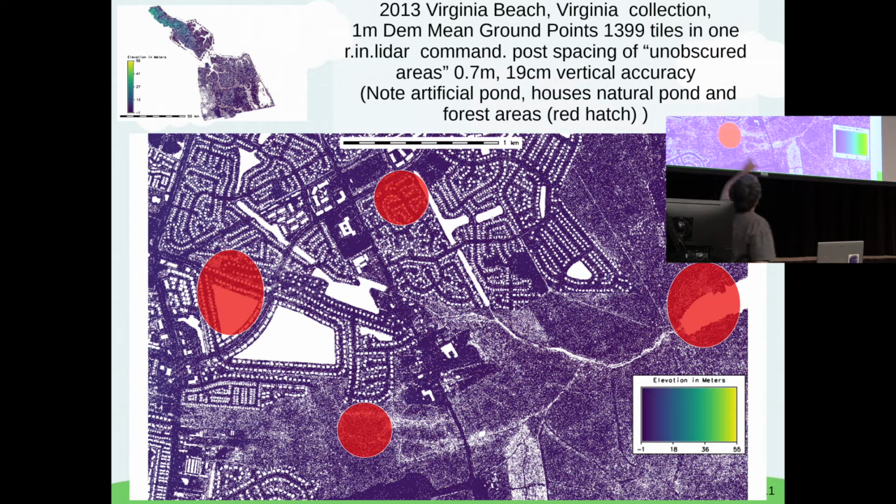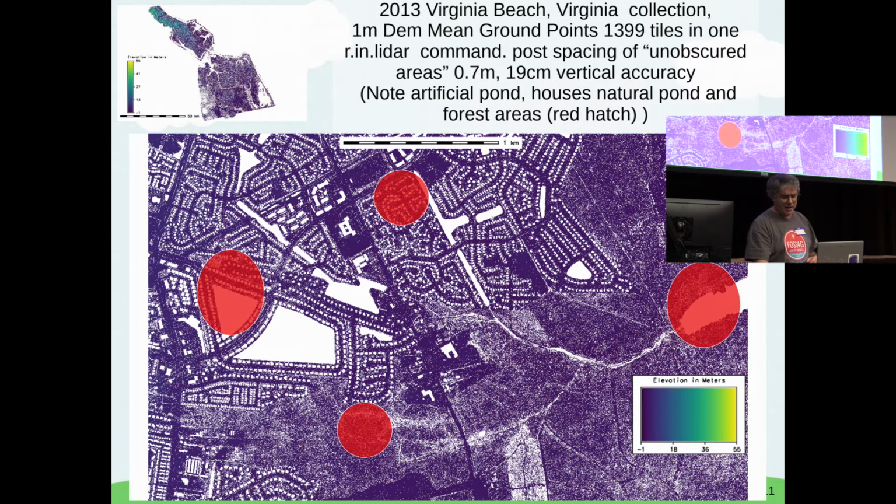If you look at the illustration in the upper left-hand corner, that's Virginia Beach, which is sort of a city, but it's also a county. Virginia's funny that way. That represents 1,399 tiles that I processed in one shot using r.in.lidar. And it took probably 4 to 6 hours to do that. Something like that. Maybe a little bit more for that one.